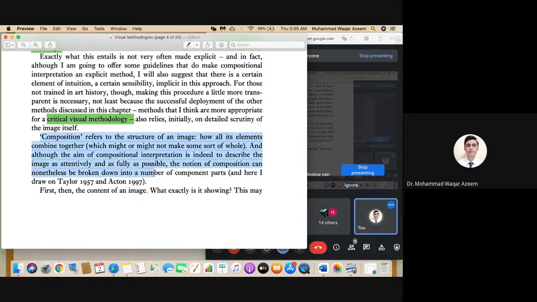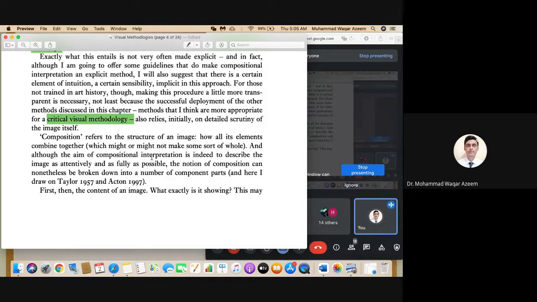All right, now we come to the term composition. What do we mean by the word composition in compositional interpretation, right? Anybody would like to say or comment on the word composition? How do you take the word composition? Have you been studying composition at any stage in the past? What do we mean by the word composition over here?